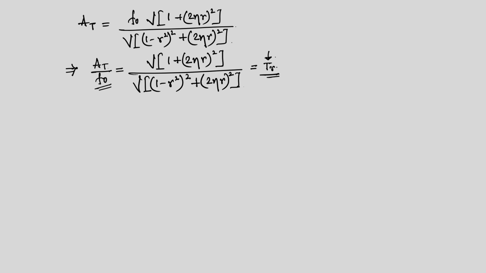Now, you can see this Tr, it is a function of what? It is a function of r and eta. So, while designing, we have to be careful about these parameters, and we have to design the foundation in such a way it can withstand this force. And remember, this r actually is the frequency ratio.